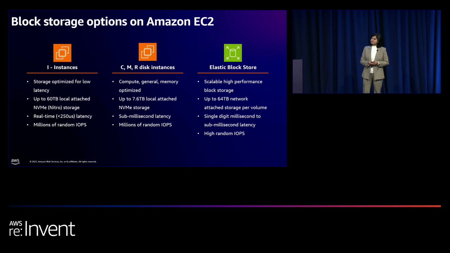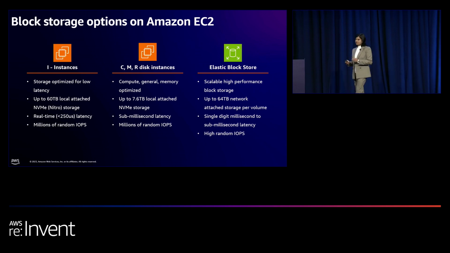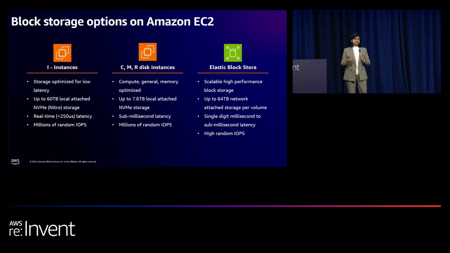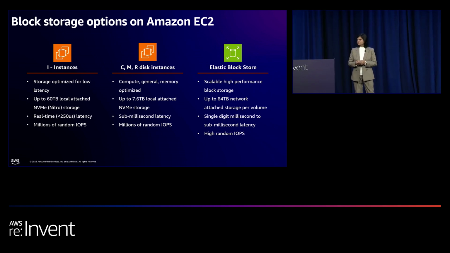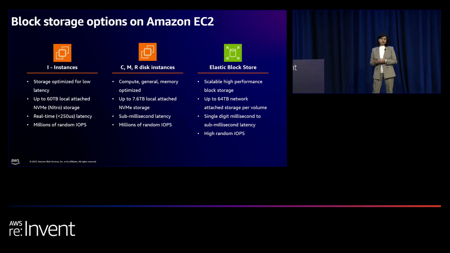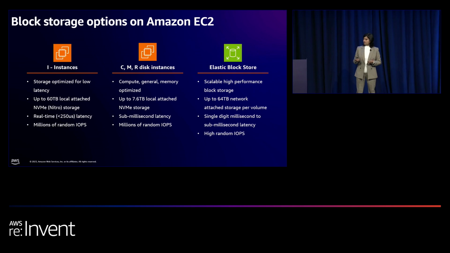On the C-M-R disk instances, there is a small amount of storage attached to the instance, up to 7.6 terabytes. Specifically, the disk instances are good for caching or scratch space or temp logs type of workload, or sometimes even for very small database needs.